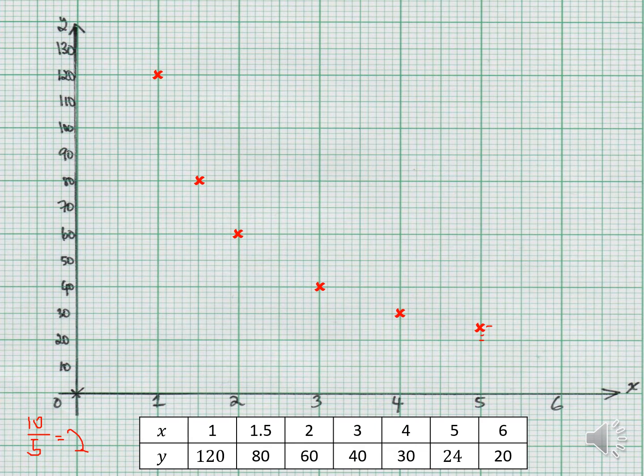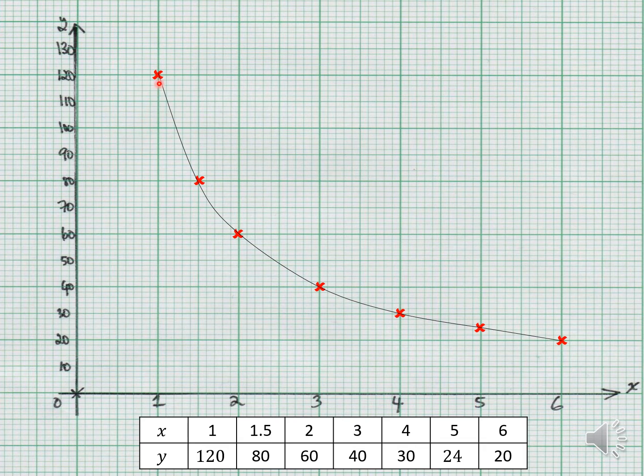You must make sure that you do not make a mistake when it comes to plotting, and that you have the right points. The point (6, 20) is right down here. So now I've got all my points plotted. Remember, you should plot them all, and then I'm ready to draw the graph.